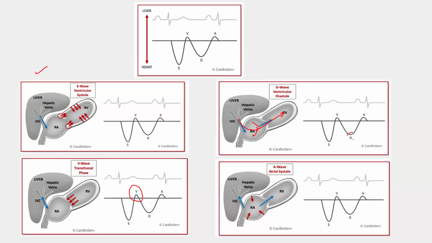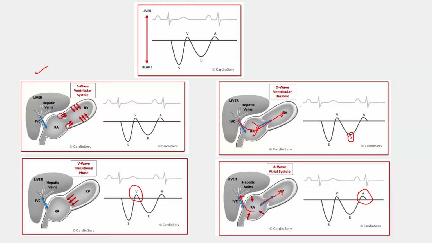This is D. Now there is atrial contraction, and with atrial contraction, the majority of the blood moves into the RV, but a little bit moves back into the liver. This is A. Yes? So this is S, V, D, and A.